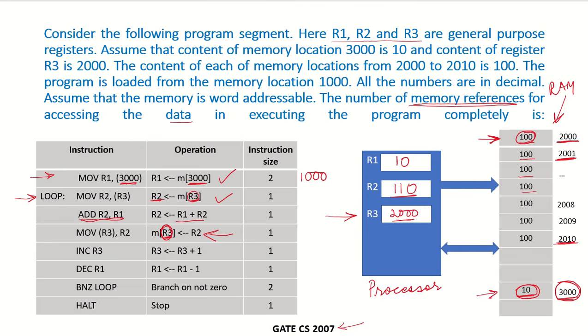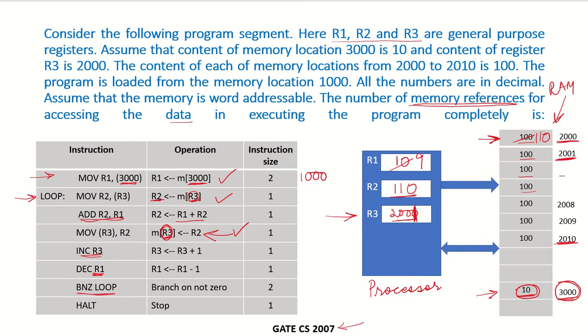That means 110 will be put in this address 2000. So this will again require a memory access. Now R3 will be incremented by 1. So R3 becomes 2001. And R1 will be decremented by 1. So R1 will become 9.